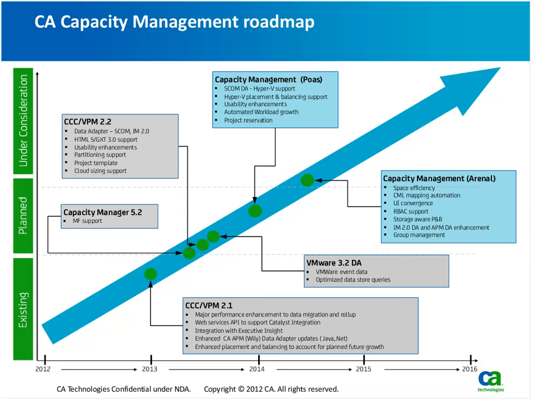So longer-term, older data can be purged automatically based on your policy. CML mapping automation is a way to help customers automate some of the mapping exercise from their existing infrastructure to the component model library.